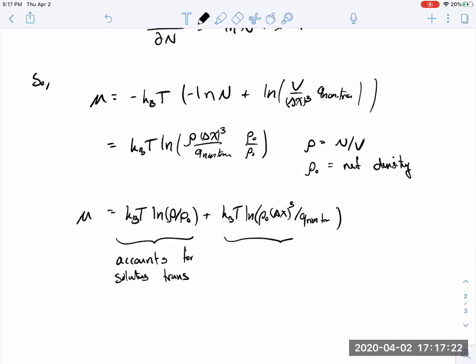And we have another piece which is complicated, and so we have to unpack a little bit. We've isolated all of the density dependence and the translational dependence in the first term. In the second term, one nice thing about it is that it's independent, therefore, of density.